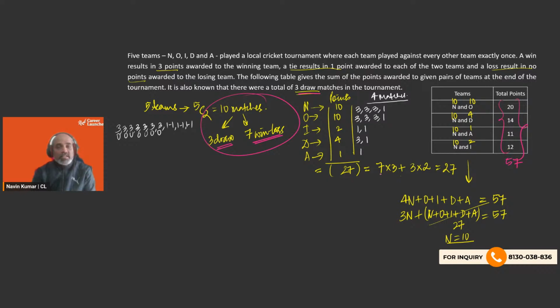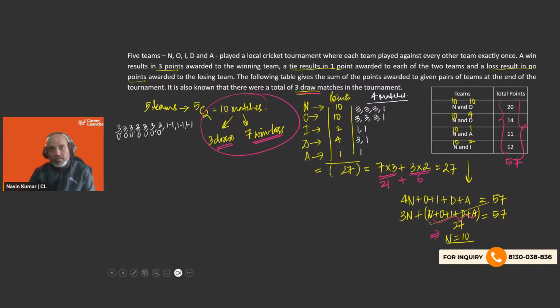And since there are 7 matches that end in a win, we will have 21 points from those 7 matches, and 3 matches that end in a draw give 6 points. So total 27 points should be there for O plus I plus D plus A. But we see 57. So 27 will take care of these teams, and 3N will result in N is equal to 10.